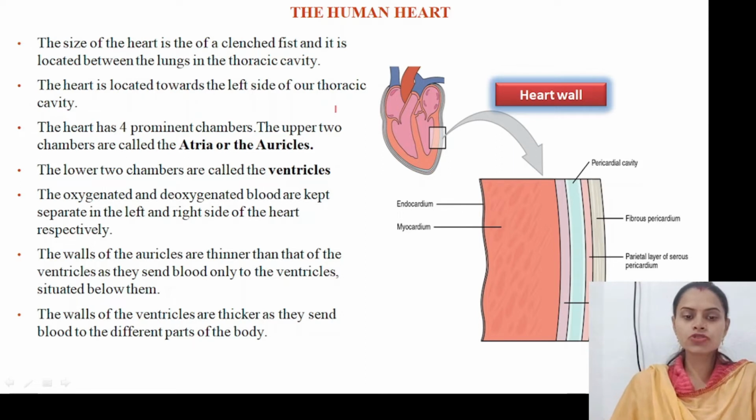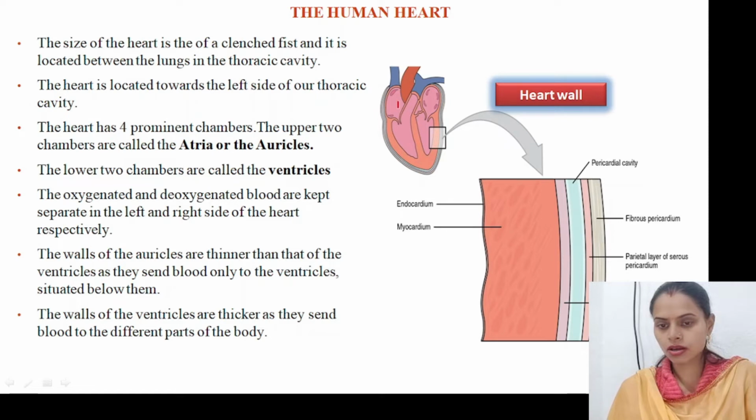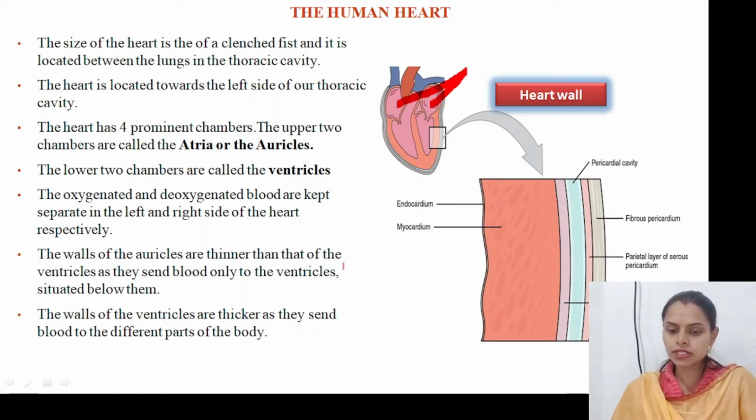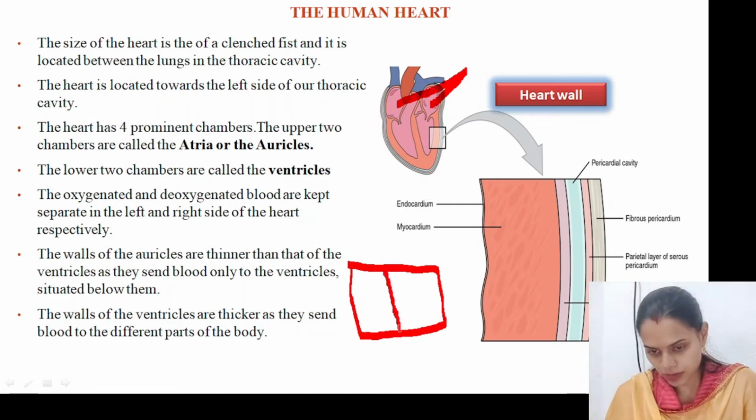The upper two chambers are called the atria. If we take a box to see the partitions inside the heart, there are four chambers.